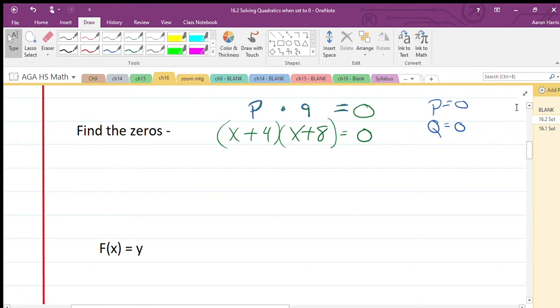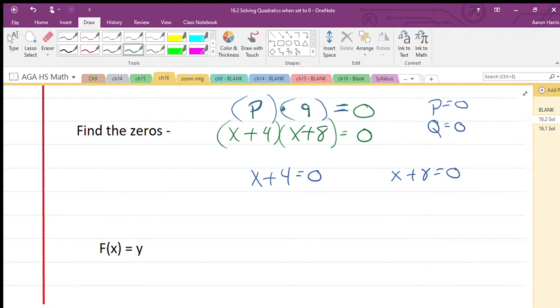Now with that information, it allows me to set the factors equal to 0, and that way I can figure them out. So let's act like P was x plus 4. If I said x plus 4 is equal to 0, I get one equation. And now I can also say x plus 8 is equal to 0. Wow. So with that being said, I can easily solve for x, right? First step, simplify or combine like terms, nothing to do.